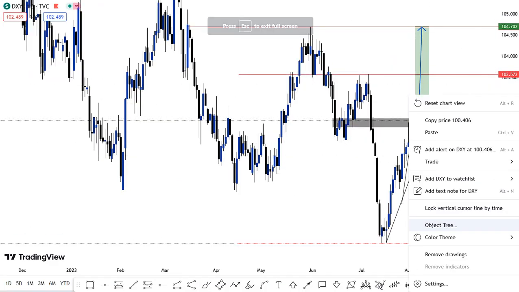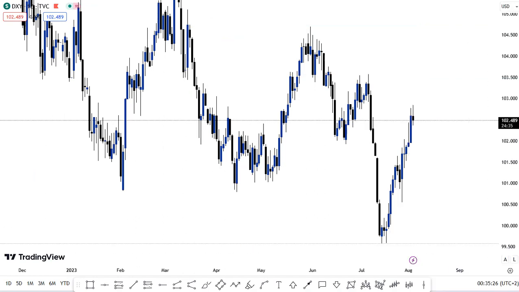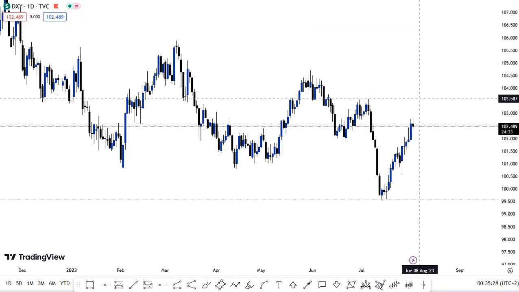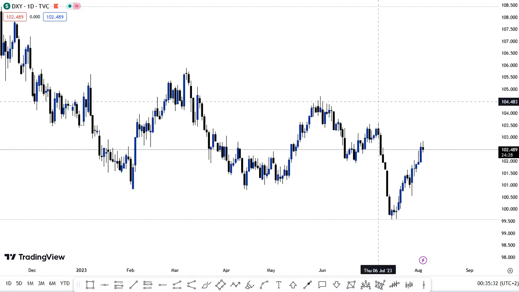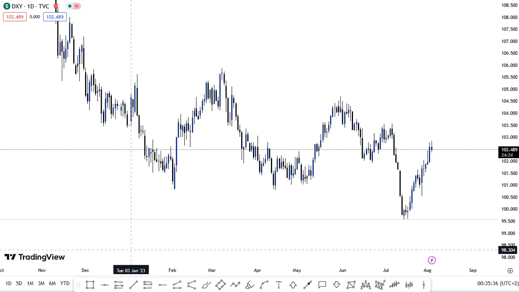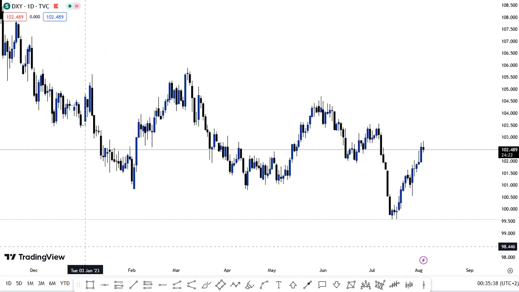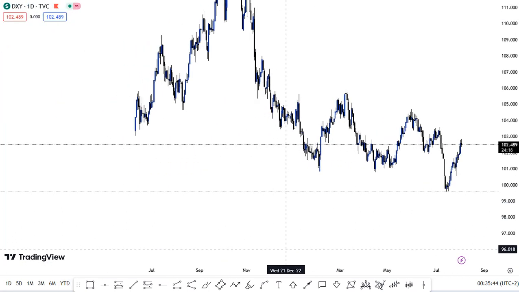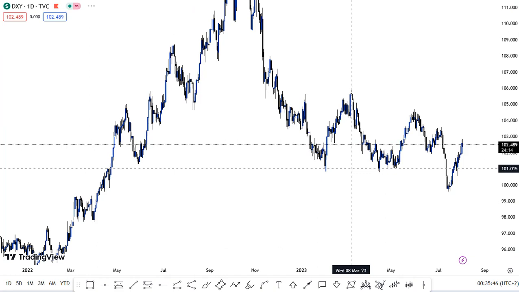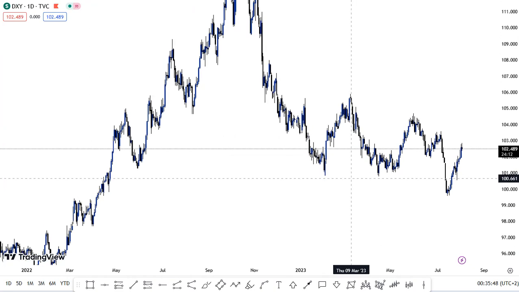Let me remove everything here. So guys, I'm going to start by allocating the trend that I have on DXY. But before I do that, I have to know what it is that I actually have.